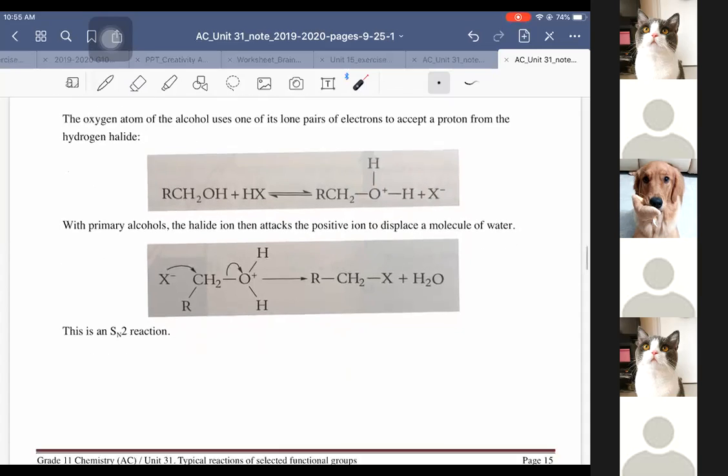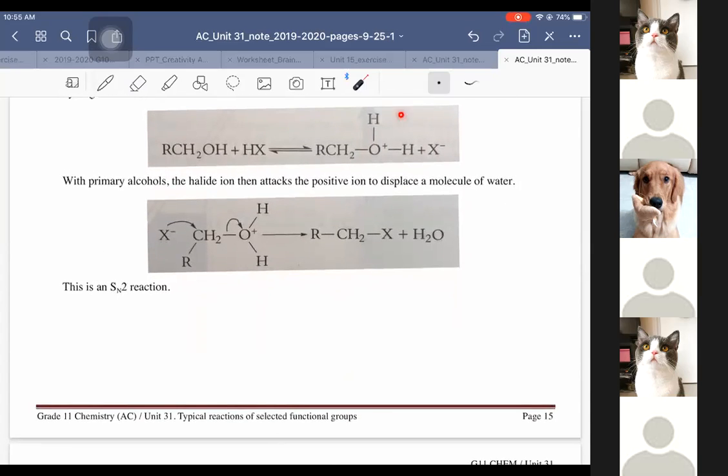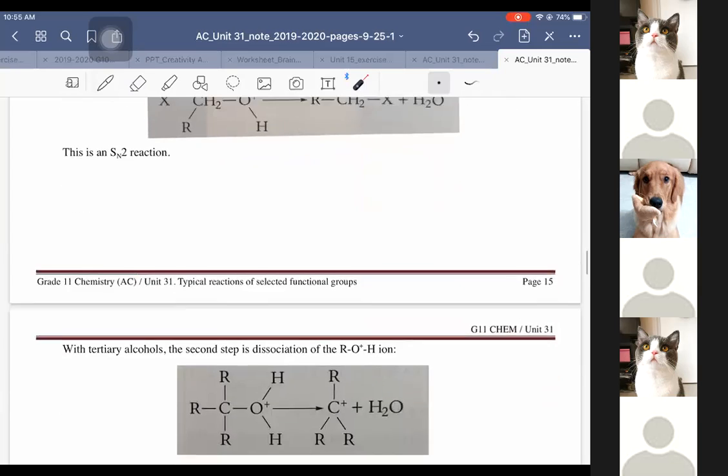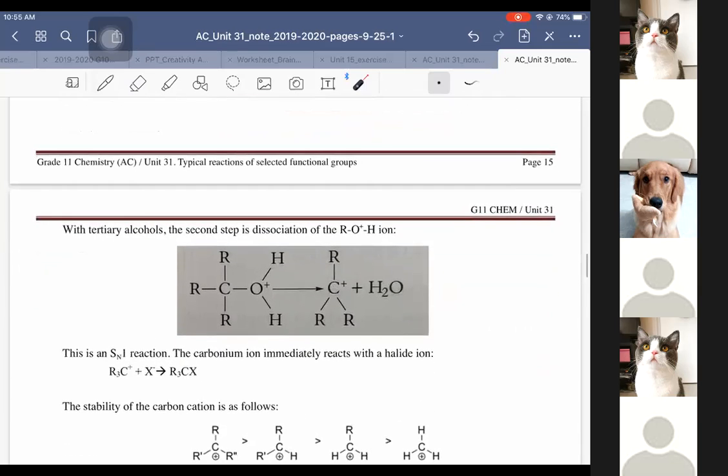For different types of alcohol, it would take different routes. So let's take a look at the tertiary one. That's a reactive intermediate we have. If we have a tertiary alcohol, and you can see this part, if I highlight it using yellow, this part is just a water molecule.